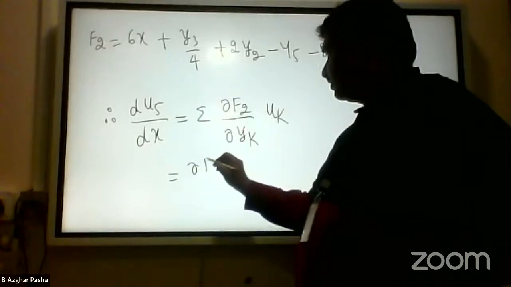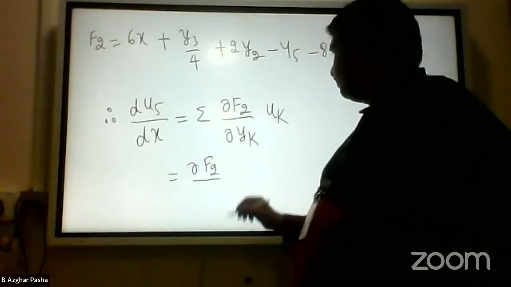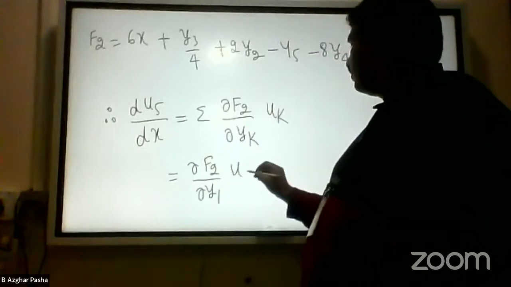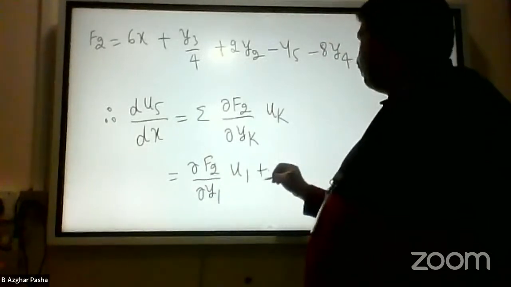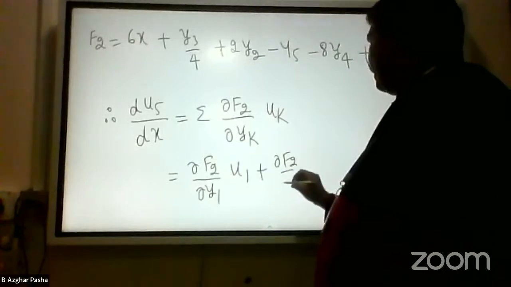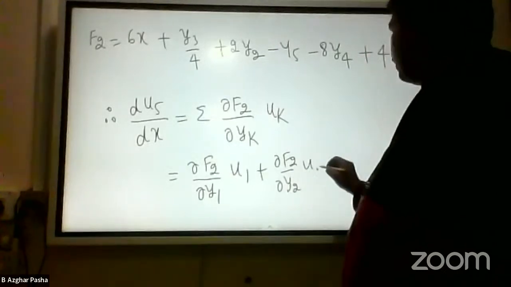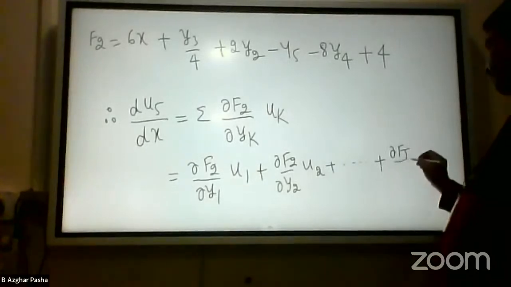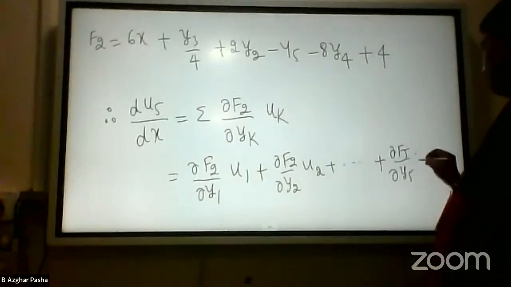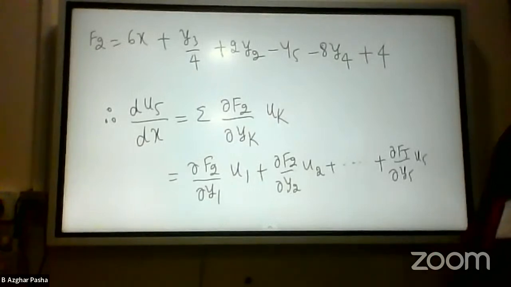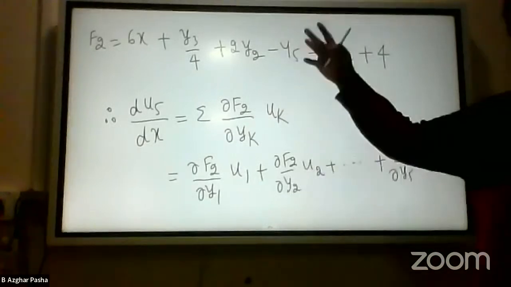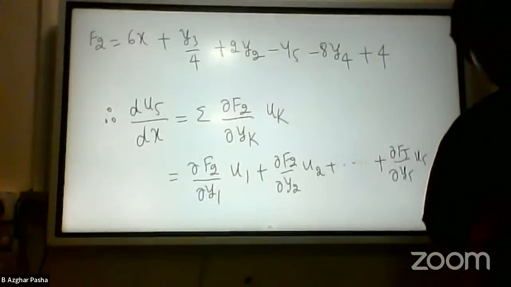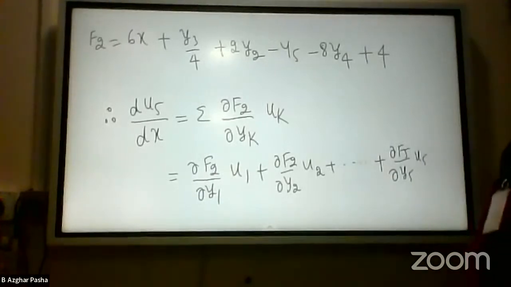I'm not differentiating with respect to x as it is independent. Dou f2 by dou y1 into u1 plus dou f2 by dou y2 into u2 and so on. We differentiated up to dou f2 by dou y5 into u5. So you have another set of initial value problems related to u.